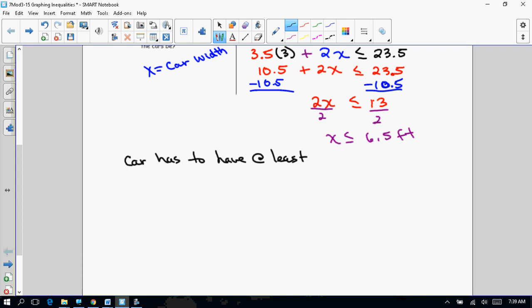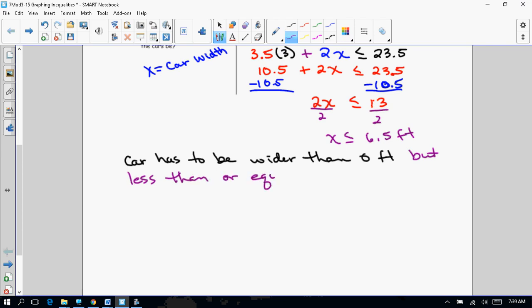So it has to be wider than, maybe we should say that instead of at least, wider than 0 feet, but according to this last thing that we just figured out, less than or equal to 6.5 feet. It's okay if it's exactly 6.5 feet, and it can be anything smaller than that, and of course we can't have negatives, so it's got to be greater than 0.